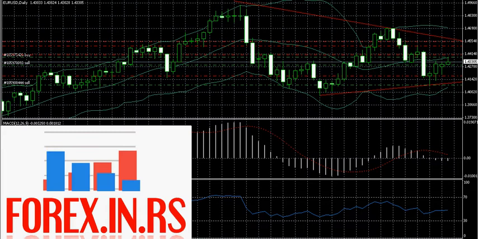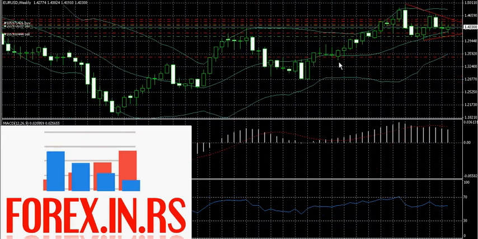We predict two prices, two pivot points. The first pivot point is 1.37 area, and the next pivot point is 1.35 area. So in the weekly trend, as we see, this is the 1.35 area, this is the 1.39 area, and here is about 1.37 area.